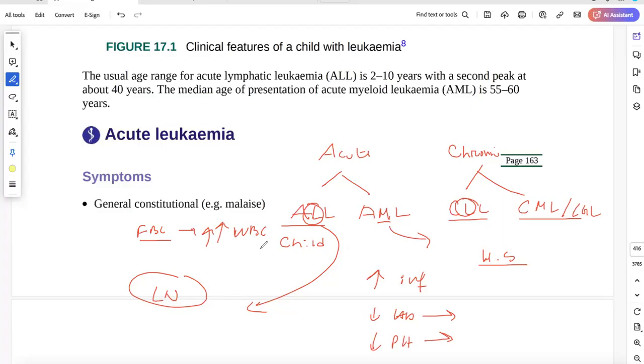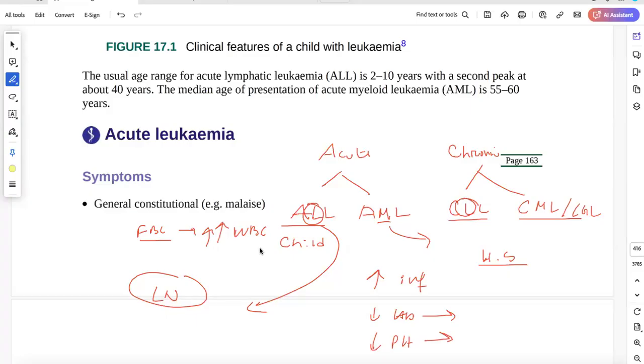When you think of leukemia, you can send the patient for leukemia marker. And leukemia marker sometimes will be able to give us an idea what type of leukemia it is. Is it lymphocytic or myelocytic? You can also look at the peripheral blood film, and with it you can get a bit of idea what type of cell has got increased.